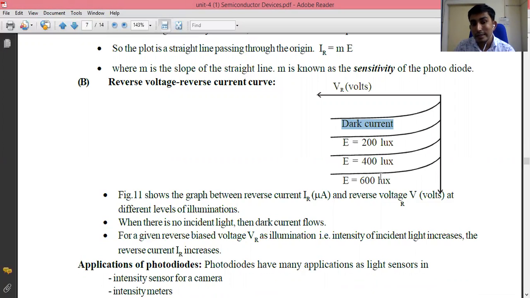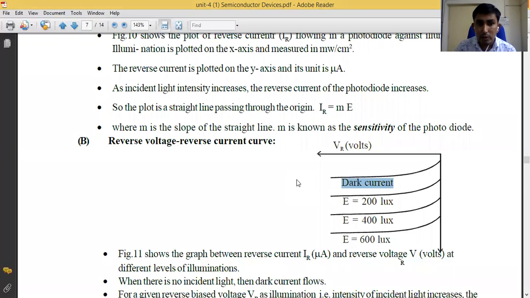For a given illumination, as the VR increases, the IR increases and becomes maximum, and that maximum current is called the saturation current. So this is about the photodiode, its construction, its working, and its characteristics. Thank you.